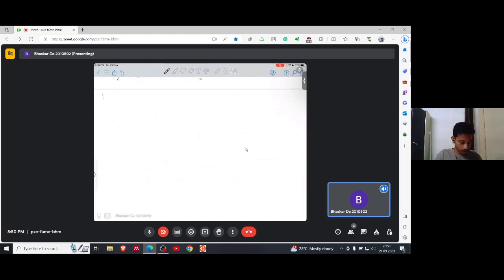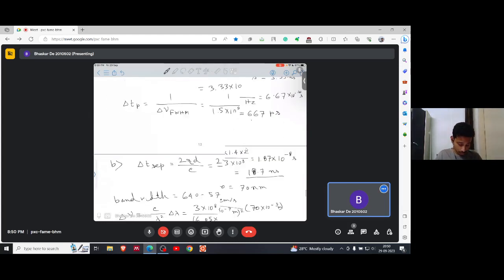Now we'll do another example of the mode locking.